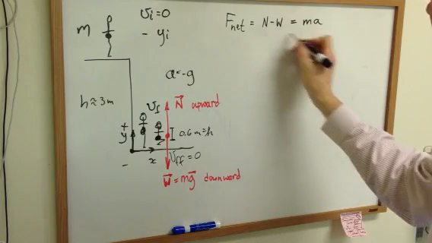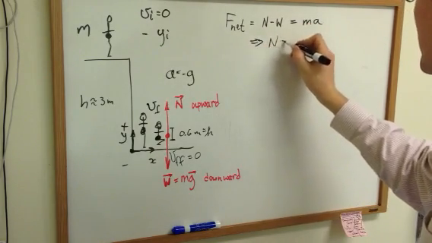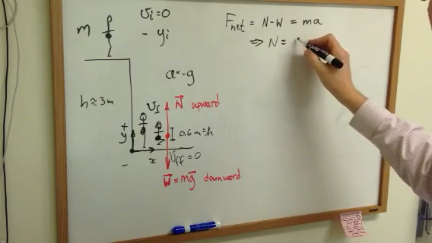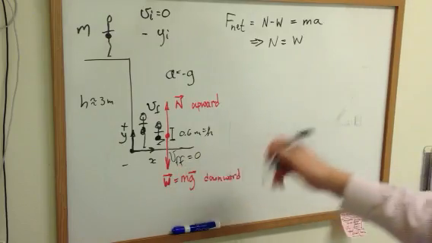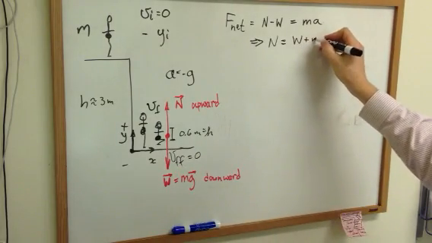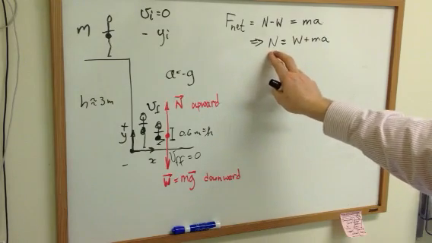So if I bring weight over on this side, I can see that N is equal to his weight plus ma. So N is balancing his weight, but it also causes him to accelerate upwards.